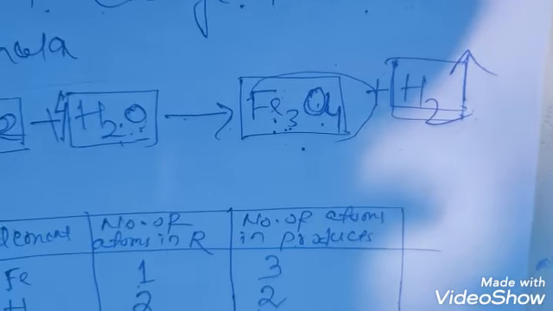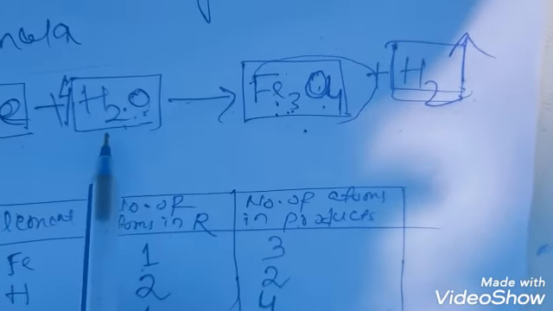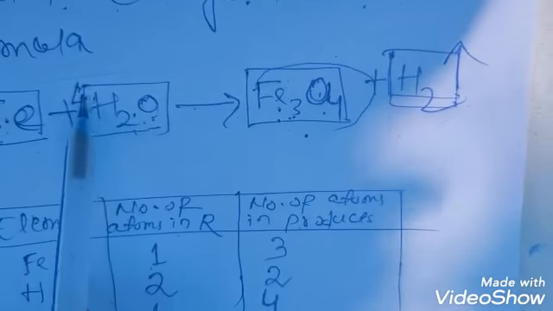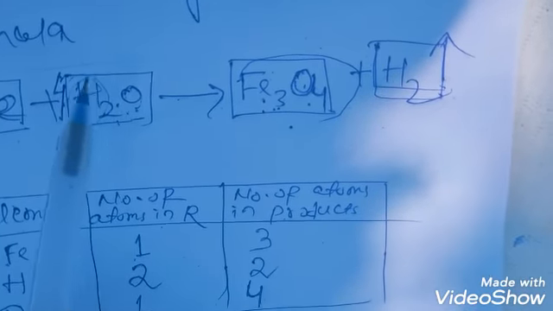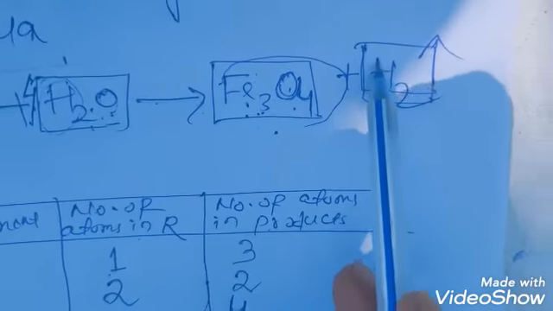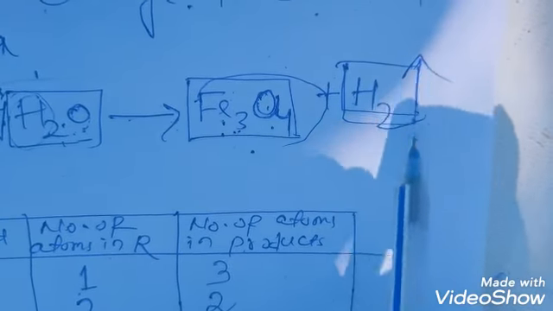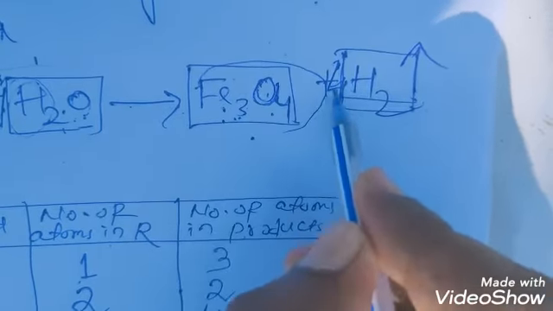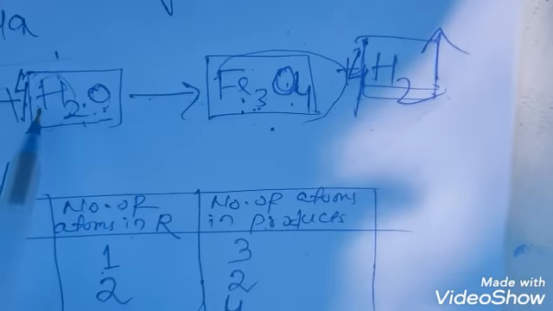Now we can see 4 H2O, so 4 into 2, which is completely 8 hydrogen atoms on the reactant side, but there are only 2 hydrogen atoms on the product side. So we also multiply by 4 here. Now the hydrogen is balanced and the oxygen is also balanced.